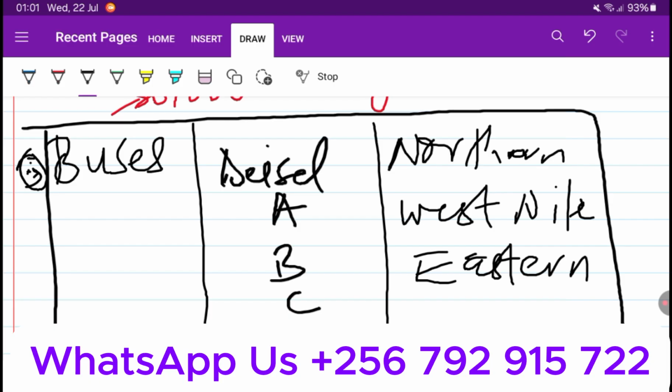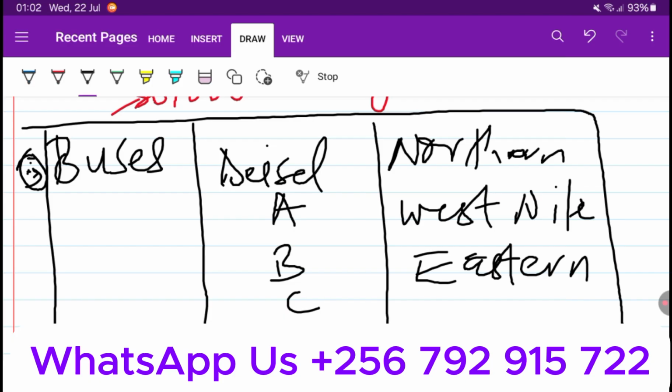If the distance is longer, it means that bus is going to consume more diesel for going to the north and then coming back. Now, what is going to happen is that if you just base on one aspect, the price, because these gas stations are not in the same location, they are charging different prices.